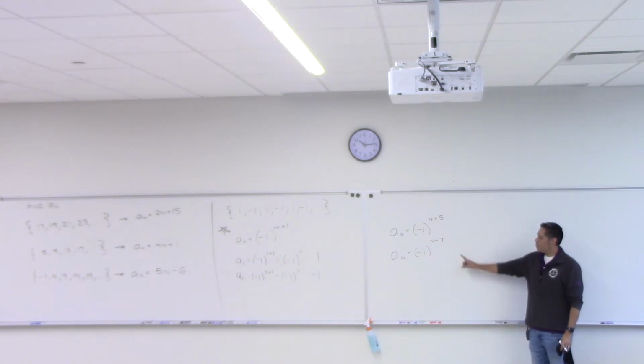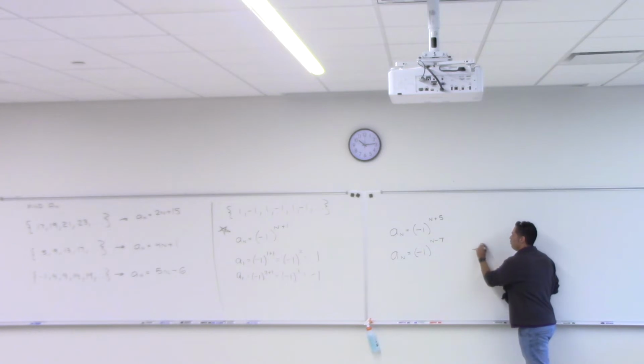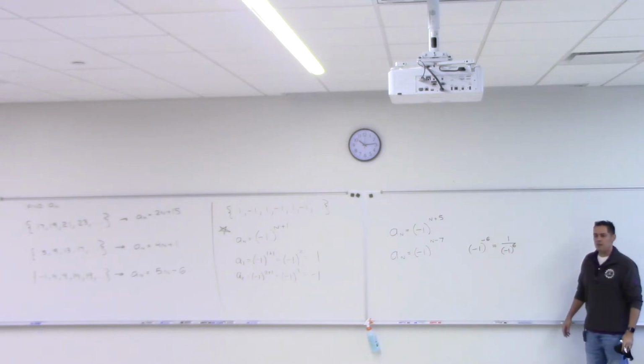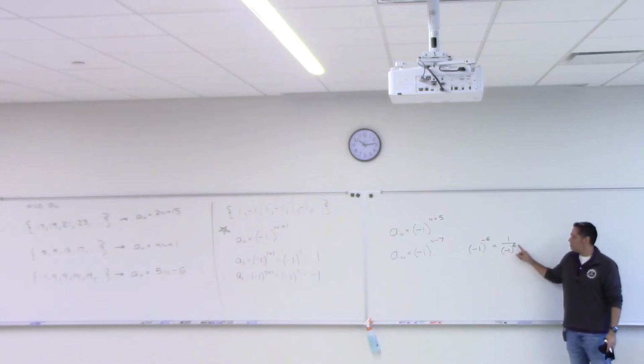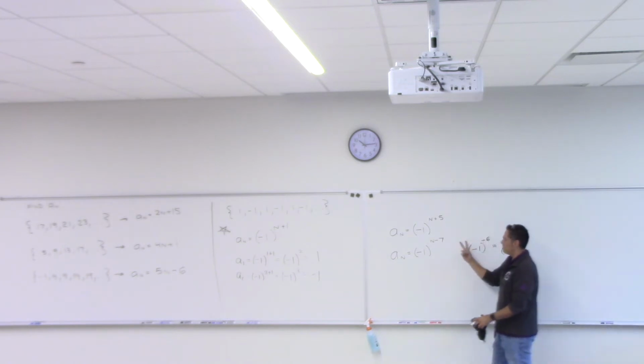Would this have worked? What happens if I plug 1 into this? What do I get? -6. What's -1 to the -6? Well, that's 1 over -1 to the +6, right? That's what it means to have a negative exponent. And what's -1 to the +6? 1. What's 1 over 1? 1. So that would work, right? Now what happens if I plug in 2 into this?